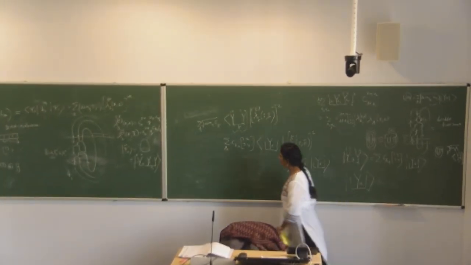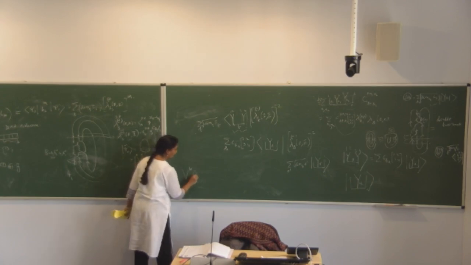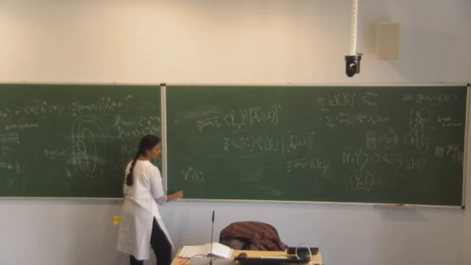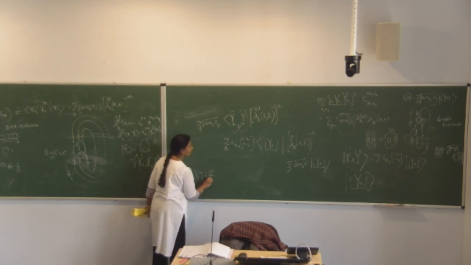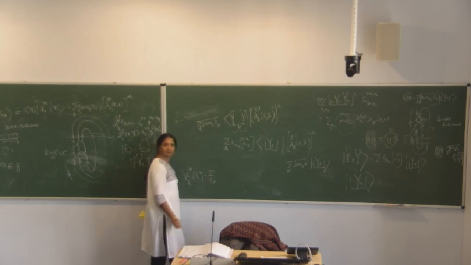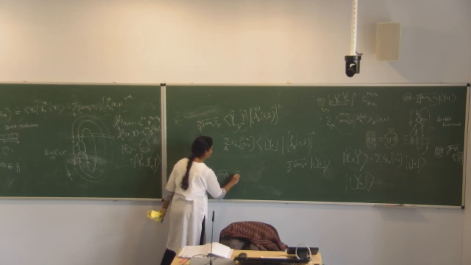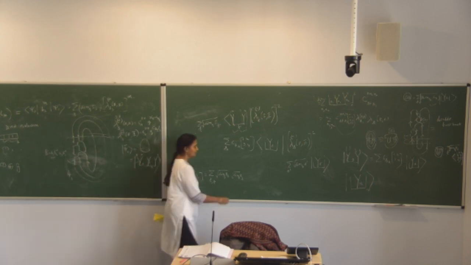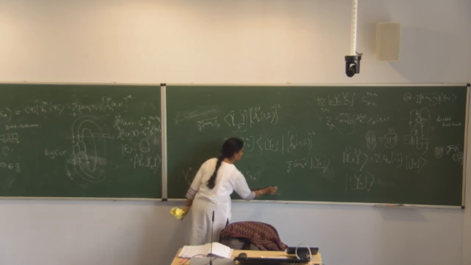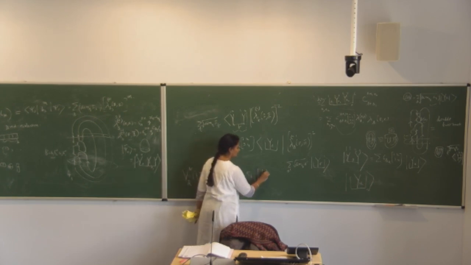So ultimately, what do we get for figure 8? The normalized version for figure 8 with any representation R will be a summation over S and T, square root of dimension Q of R T, square root of dimension Q of R S, C T S 1, 2, 3, 4.